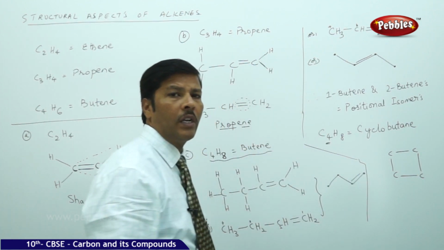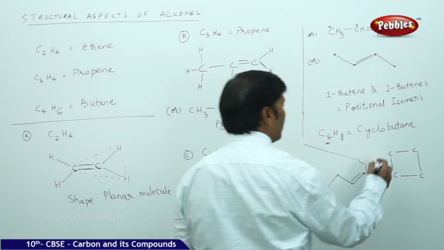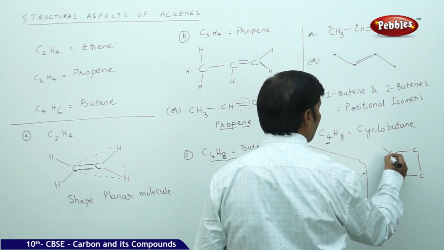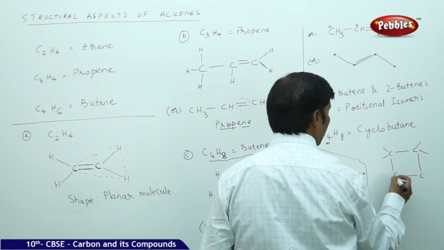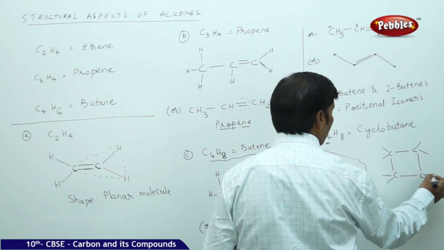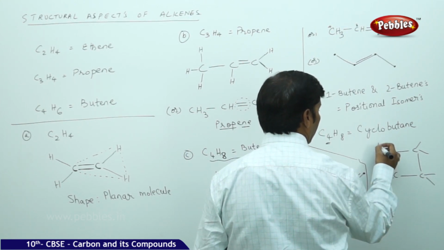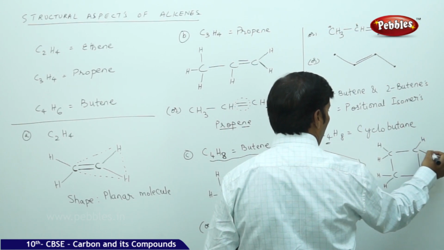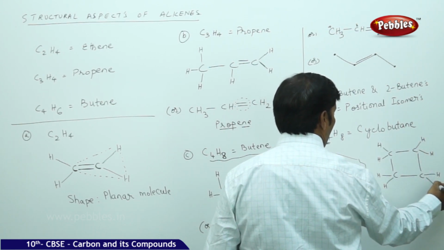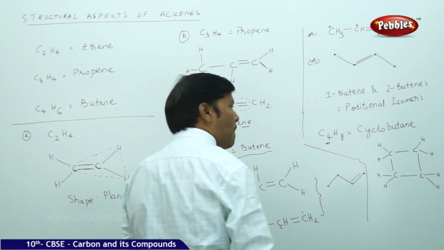There are 8 hydrogens, so you take 2 hydrogens on each carbon, placing 2 bonds on each.